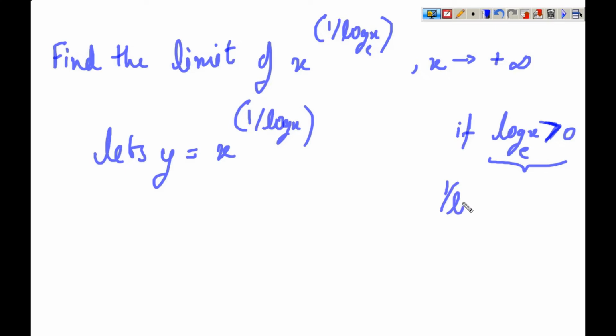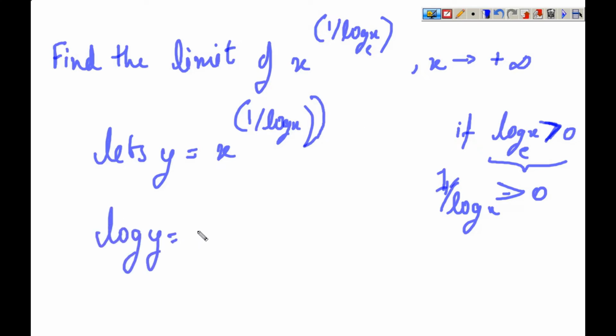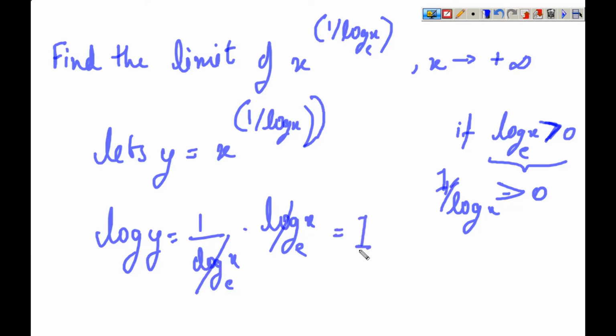Therefore 1 by log of x will also be greater than 0, therefore this thing will be greater than 0. Therefore I can apply log, and I can rewrite this as 1 by log of x to the base e times log of x to the base e. So this one and this one will get cancelled out, so I am left with 1.